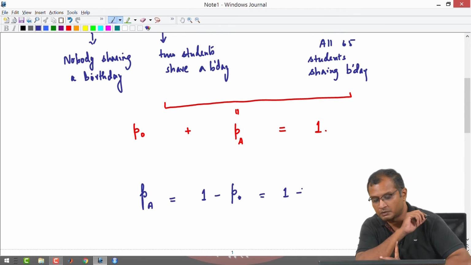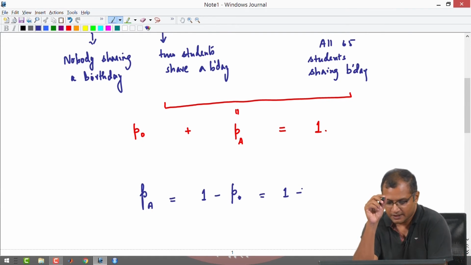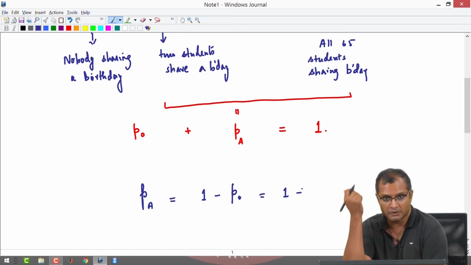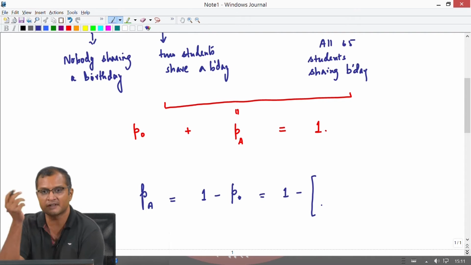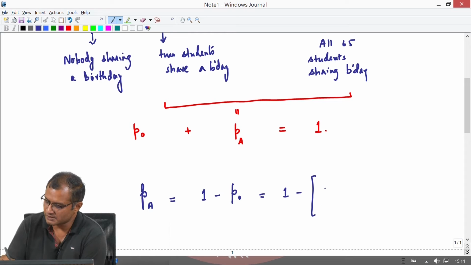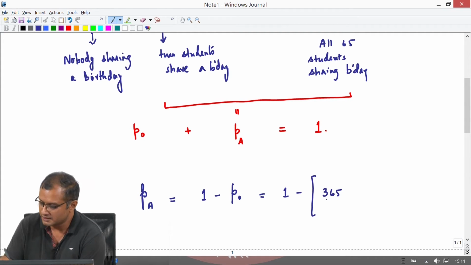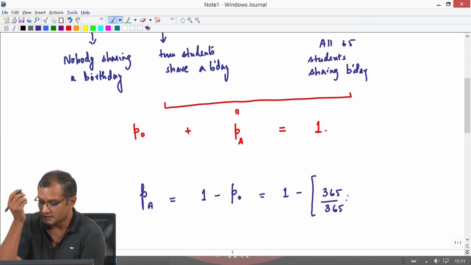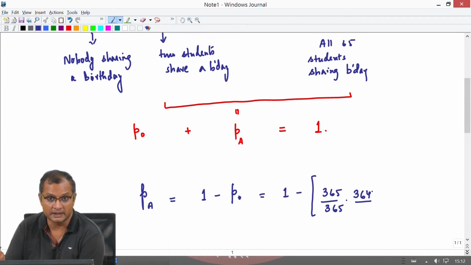Okay. Now, the fact that nobody shares a birthday is a problem of simple permutation. Since you have 65 students and you want to write down the probability that nobody shares the birthday, you can say that the first student has 365 days in the year to take as his birthday, divided by 365. Okay. Now, the next student who comes has 364 days available, because the first student has already taken one birthday in the calendar year.